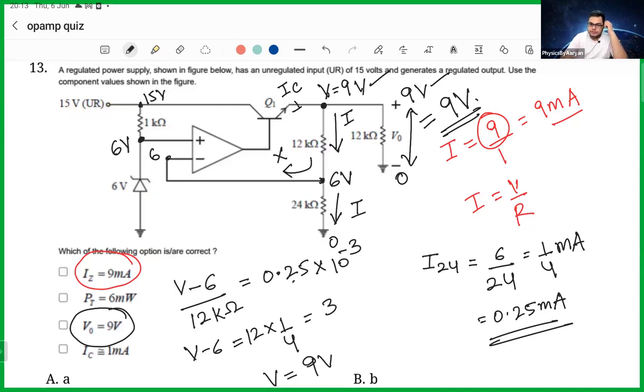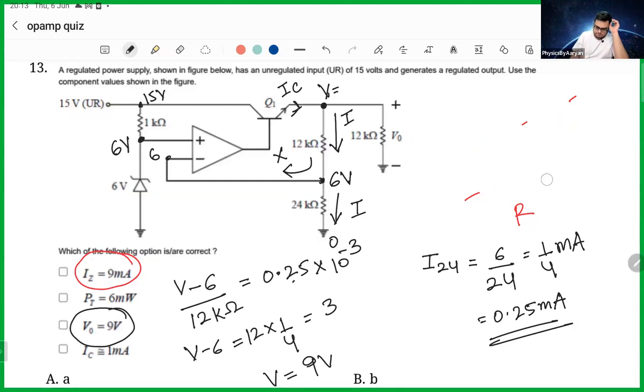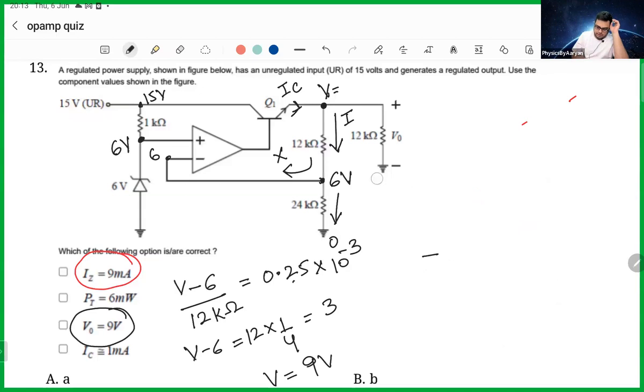Okay. Now I am asking you the question, what is the collector current? If you think carefully, let me remove all of this, and let me simplify it a little bit. This is the collector current, and this voltage we calculated as 9.